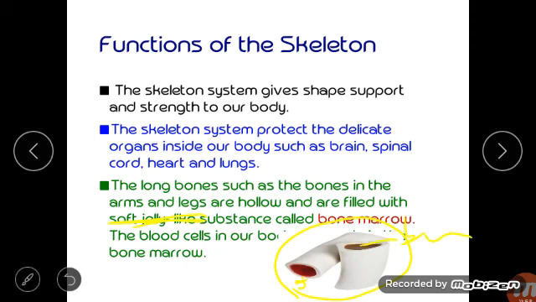The blood cells in our body are made in the bone marrow. We have two types of blood cells, red blood cells and white blood cells, and they are made in our bone marrow.